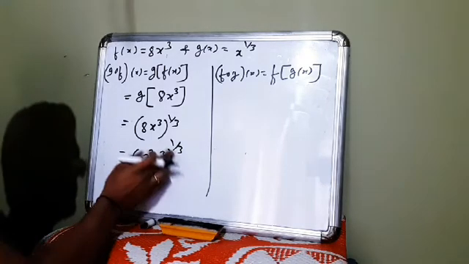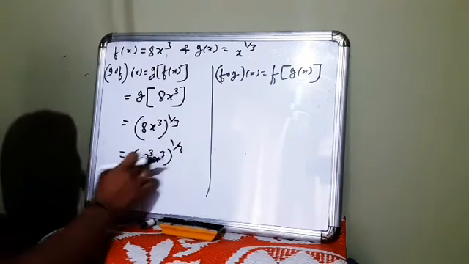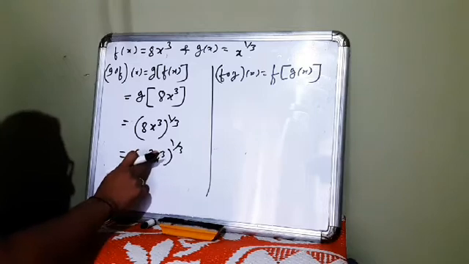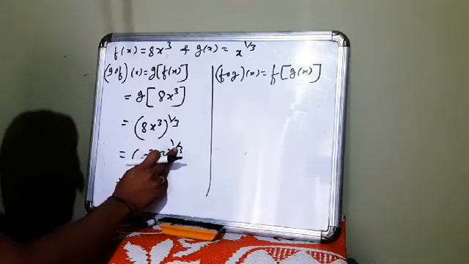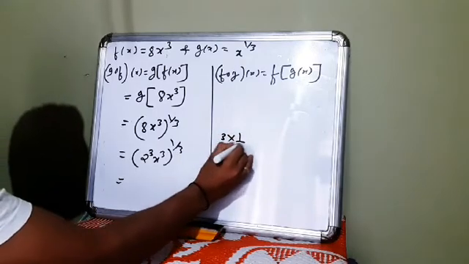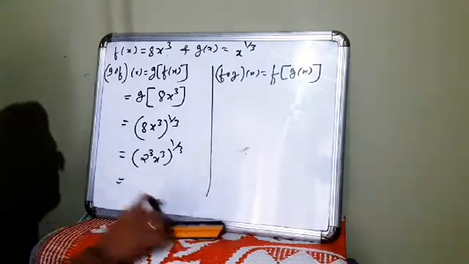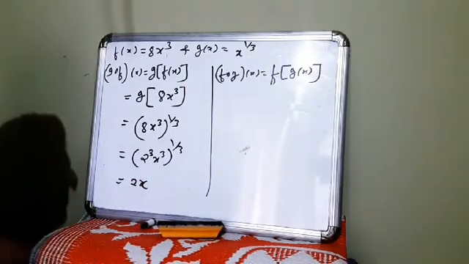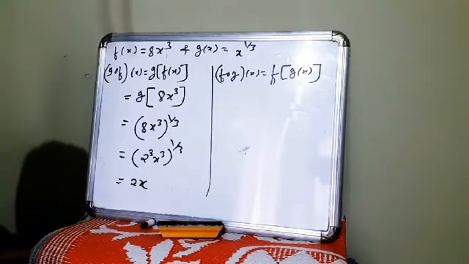Otherwise you can say this power 1 by 3 will multiply with the power inside the bracket, 3 into 1 by 3. So 3 gets cancelled, you are left with only 1, so the powers cancel. We are left with the answer 2x. This is your g composition f.